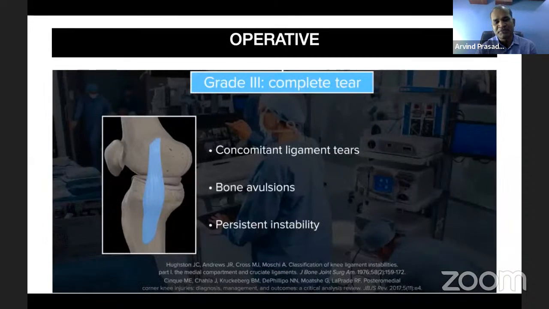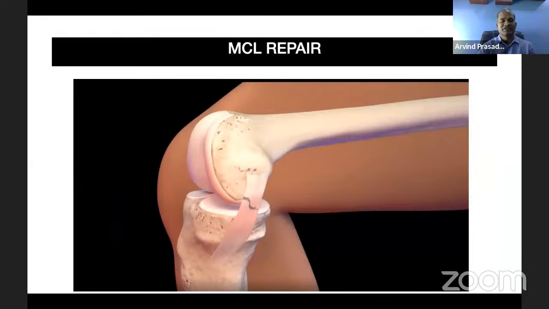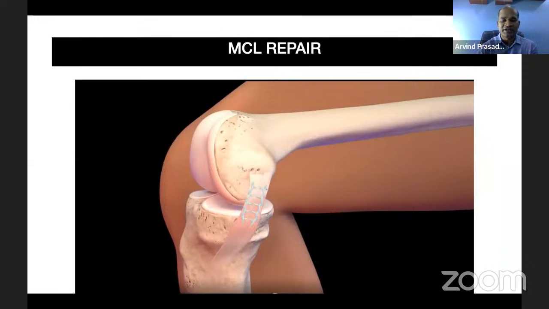Grade 3, that is a complete tear, many a time can be managed conservatively also, but many a time it needs surgical treatment, particularly if it is associated with other ligament injury or a multi-ligament scenario, if there is a bony avulsion injury, or if you have managed a complete tear conservatively but still instability is there, then this is a case for surgical treatment. In surgery, you can go with direct repair also in early acute cases.